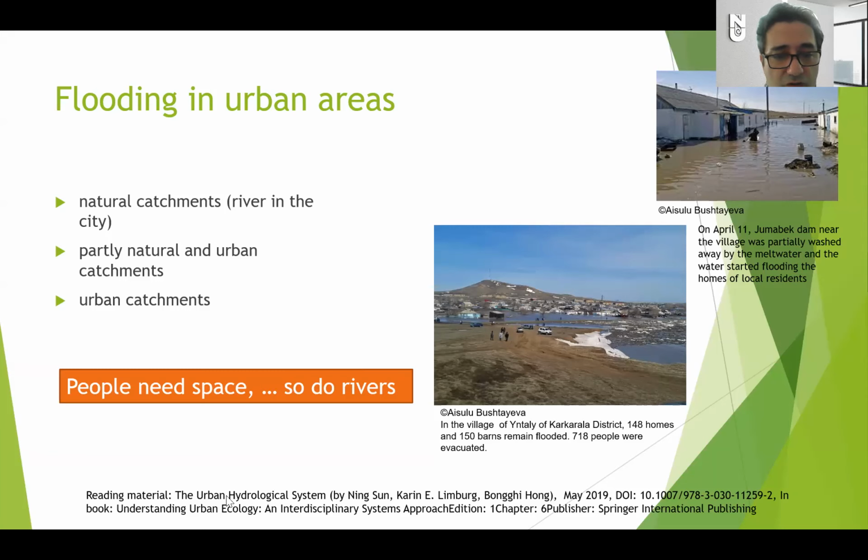So I strongly suggest you to do some reading about urban hydrology systems, which is given at the bottom of the slide. If you can find it, it might be good reading for you. Good design means also good urban catchment areas for flood events.